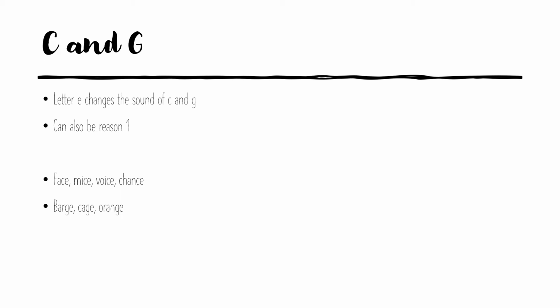In the word barge, the G and the E are working now together, the E having that influence on the G to make it say the J sound. In cage, it's working both sounds. It's making the A say A, and the E is also making the G say J. And in the end of orange, we can't end orange with a J. The J isn't allowed to go on the end of an English word, so then we're going to go GE.